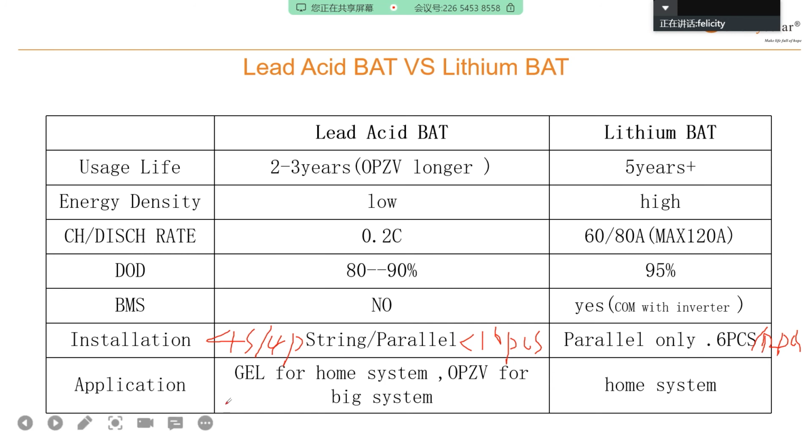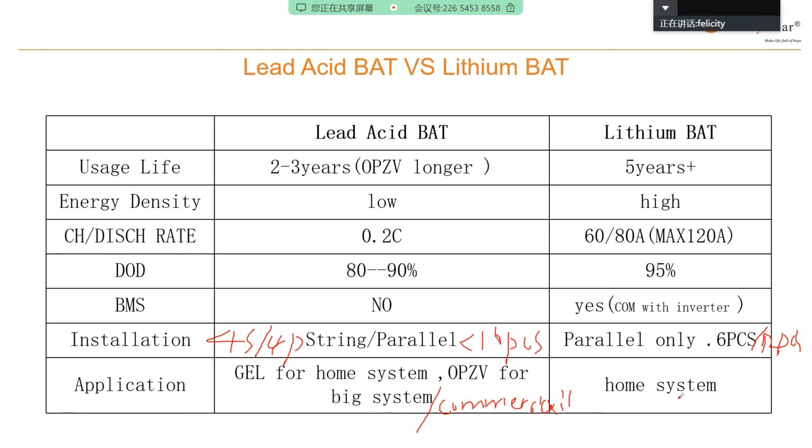From the application side, GL is for big systems or commercial systems, and lithium battery we normally use for the home system.